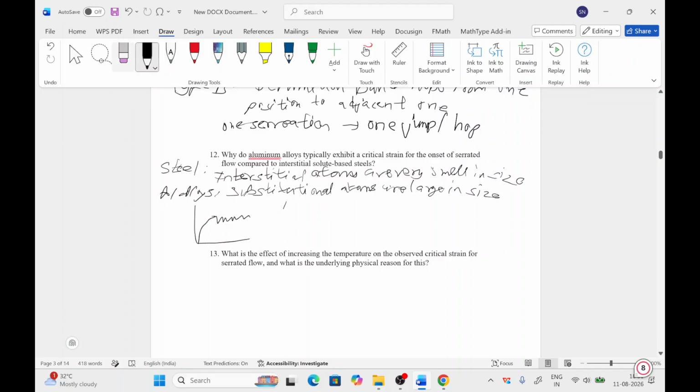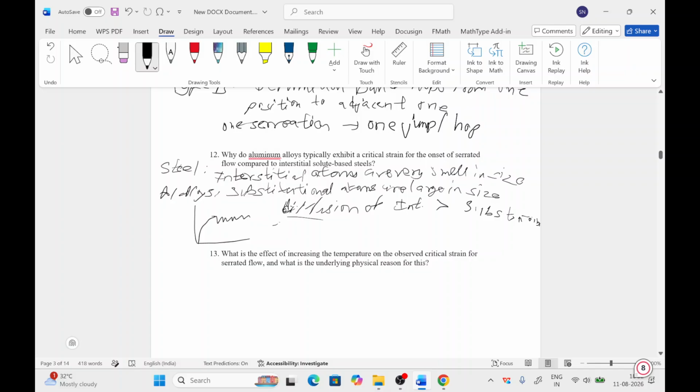So the diffusion of the interstitial atom is higher than the substitutional atom. Because the diffusion is low, we have to generate some strain level. Then the serrated flow starts in aluminum alloys.